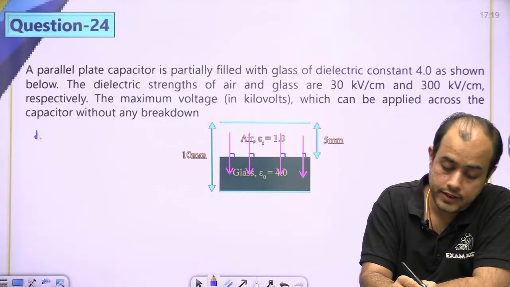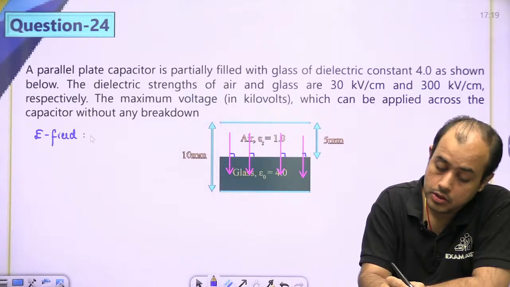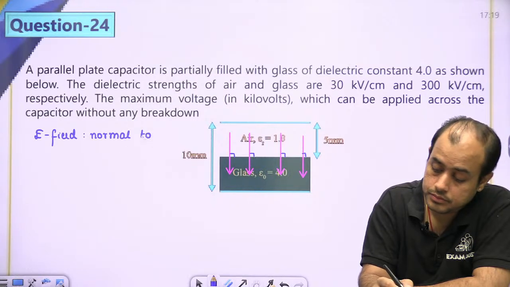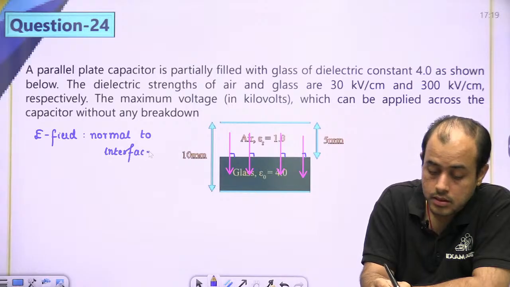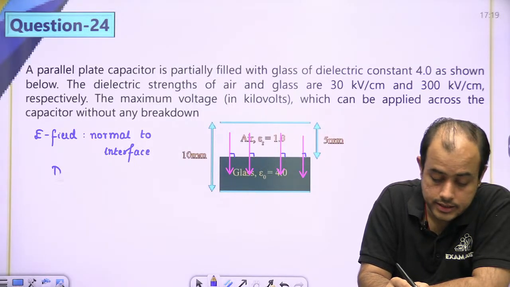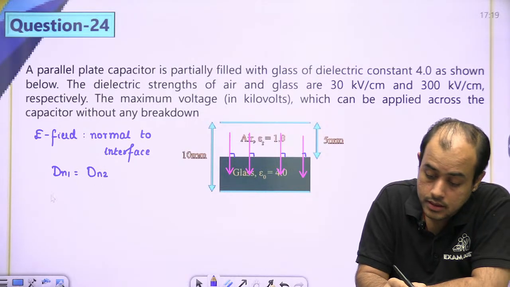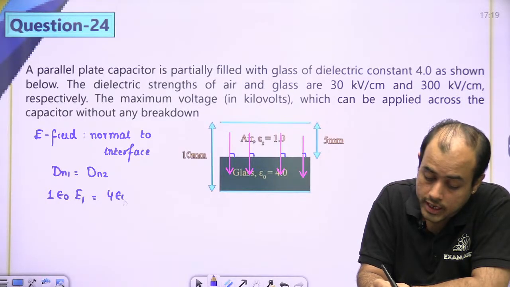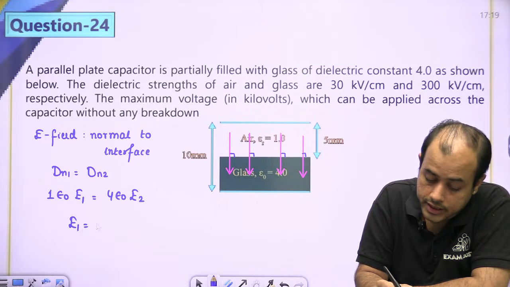So electric field is normal to interface. So the boundary condition is Dn1 equal to Dn2. So that is 1 epsilon naught E1 should be equal to 4 epsilon naught E2. So E1 is 4 E2.